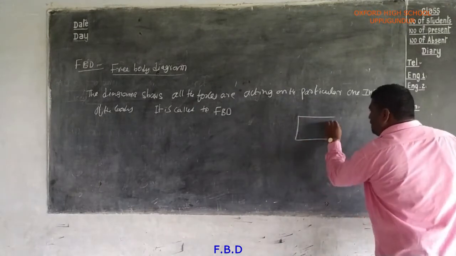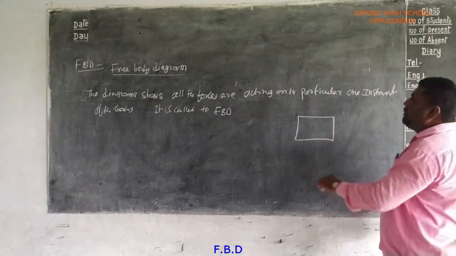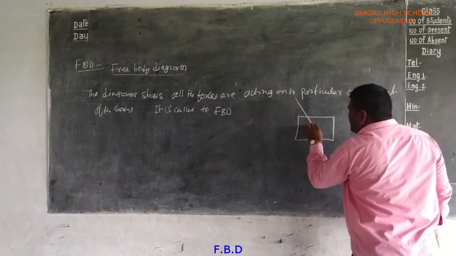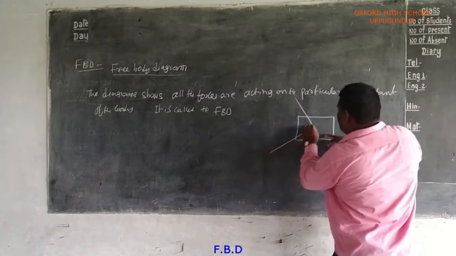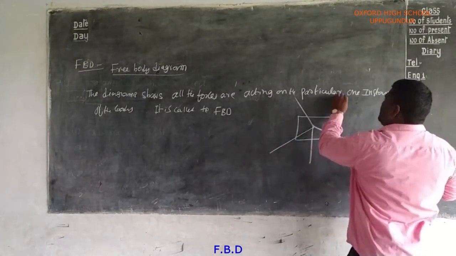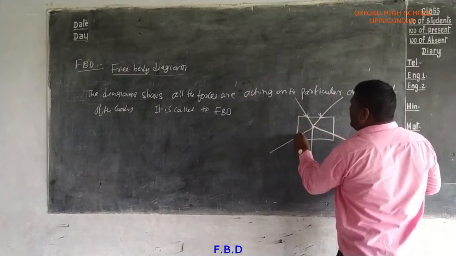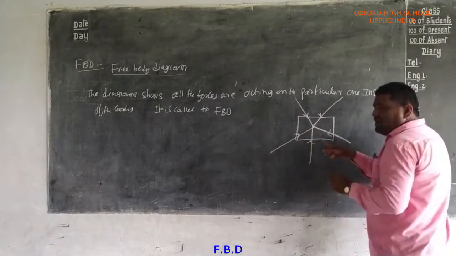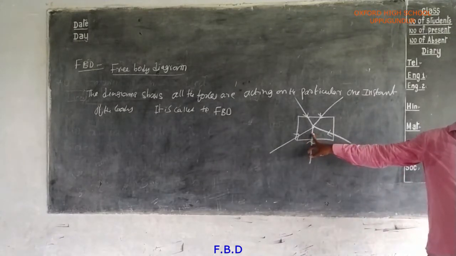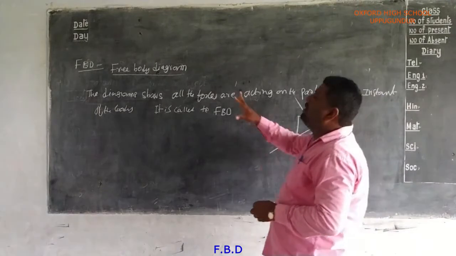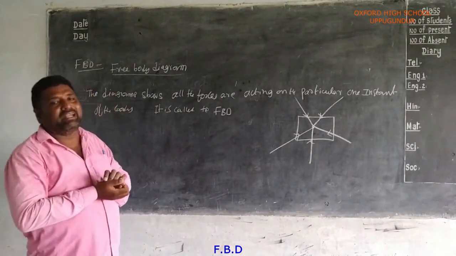It is one object or one body, and all forces are acting on one particular instant of the body. This body is known as the free body diagram.